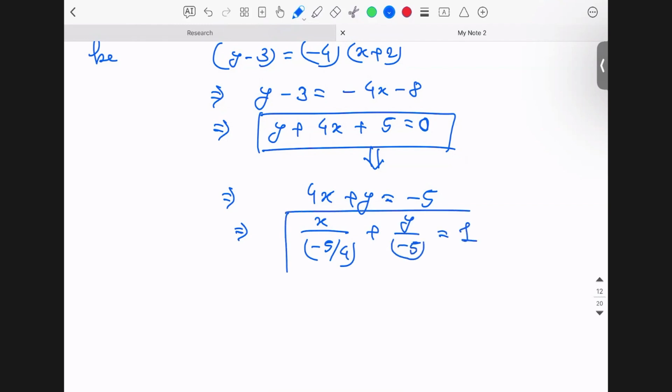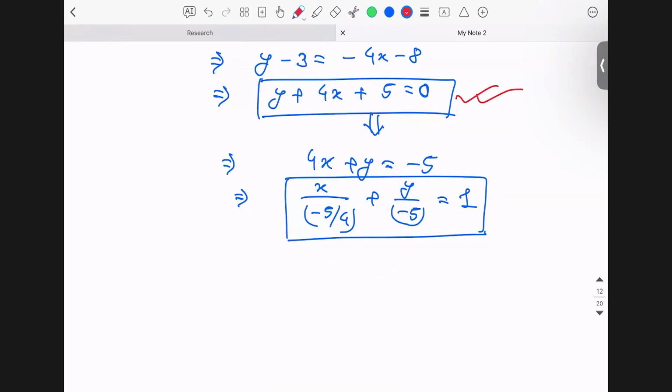So this will be the intercept form of this straight line. Depending upon the requirement of the question, you can rewrite your equation of the straight line in that form. But in general, if they don't ask anything, then this much is sufficient.